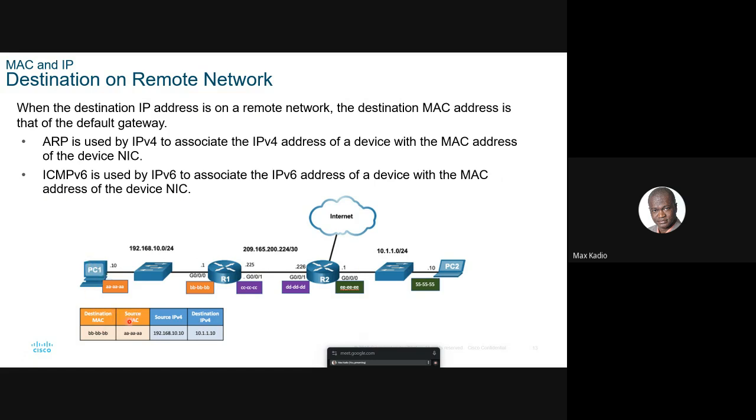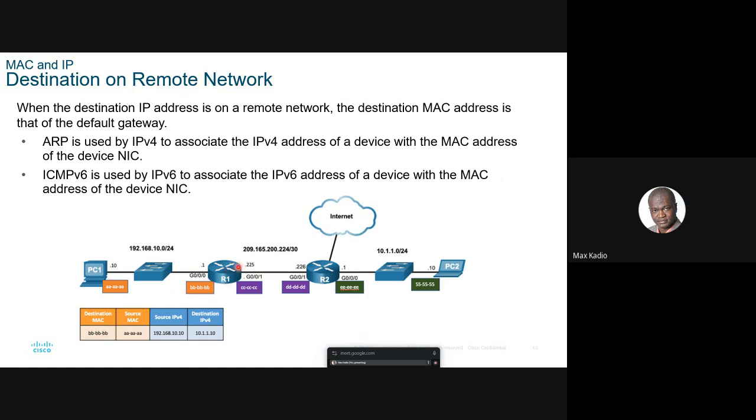The source MAC address will be for PCA. The destination MAC address will not be for PC2 because it's too far, I don't know it. So the destination will be the MAC address of this interface of the router, because at least we are in the same network. So this one will be put here.